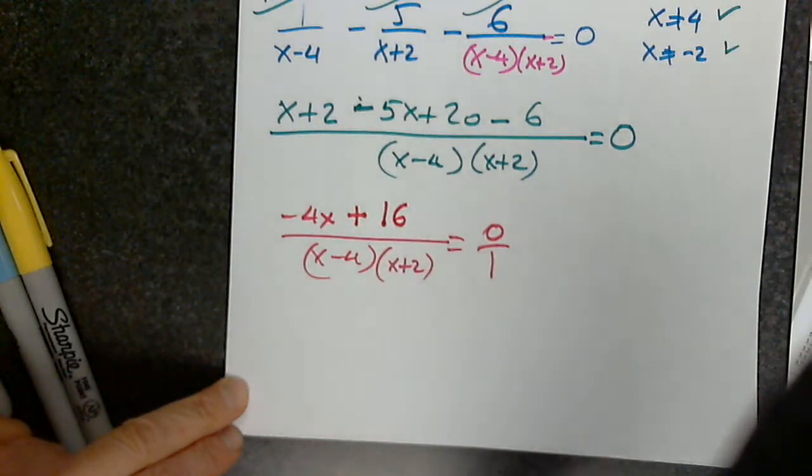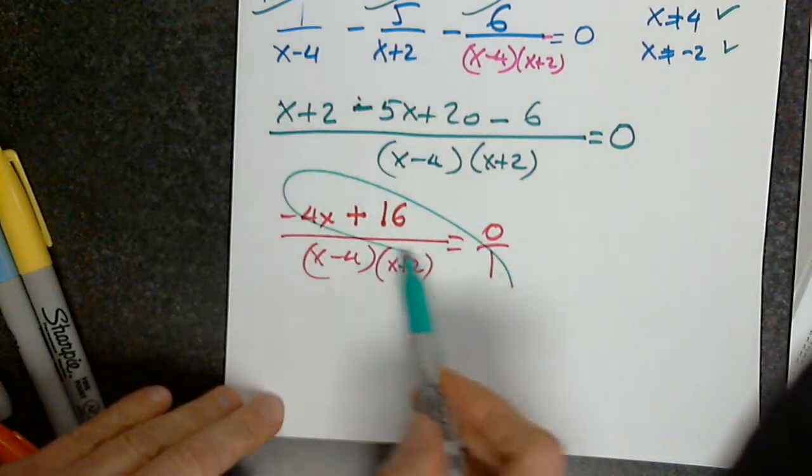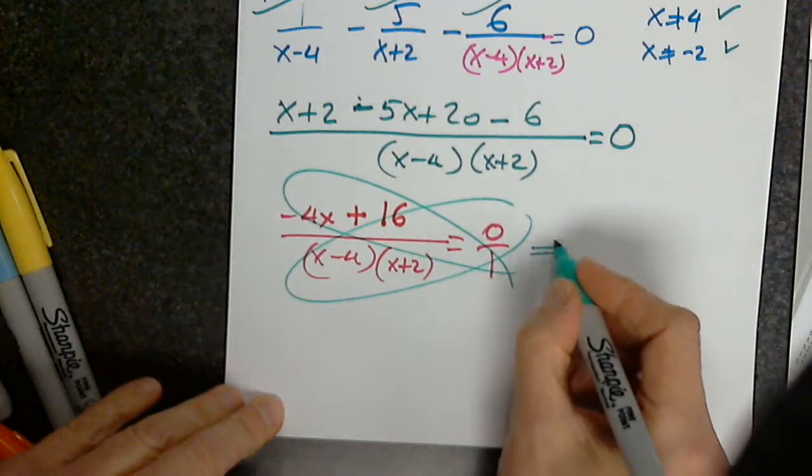I'm 16. Awesome. Is that okay, everyone? What type of a rational equation is this? Proportion. What do I do in a proportion? Excellent. So from here, what do I get?